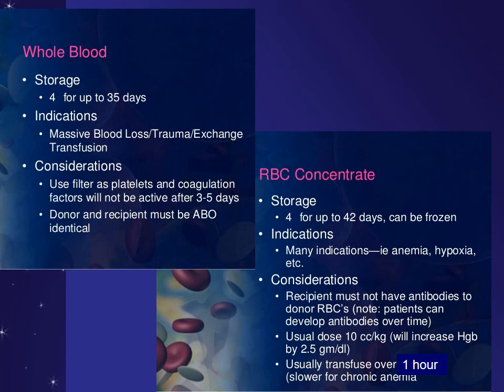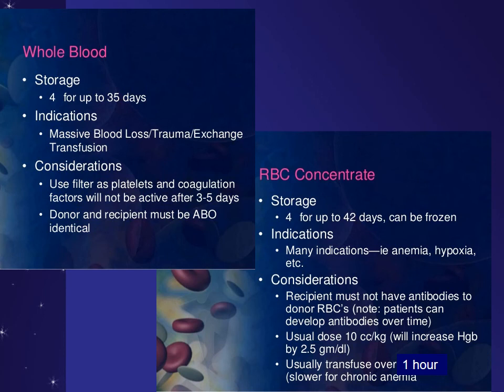For instance, a patient who has had a blood loss during surgery might need red cells and volume as well, so that patient would benefit from whole blood. Whereas another patient, like a patient who is very anemic and in compensated congestive heart failure or very hypoxic, may need only red cell concentrates.